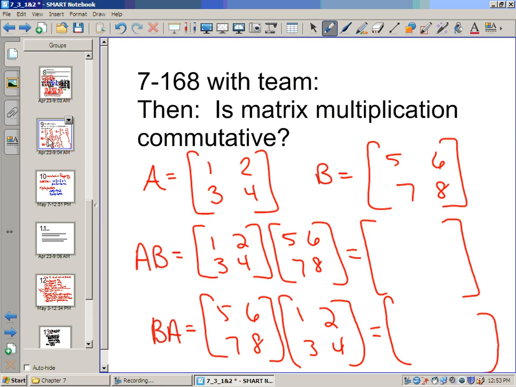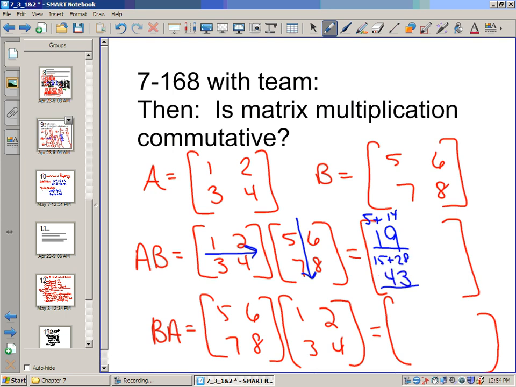All right, let's see if they're the same. What's the answer for row 1, column 1? 5 plus 14, so that's 19. Good. What's row 2, column 1? 15 plus 28 is 43.